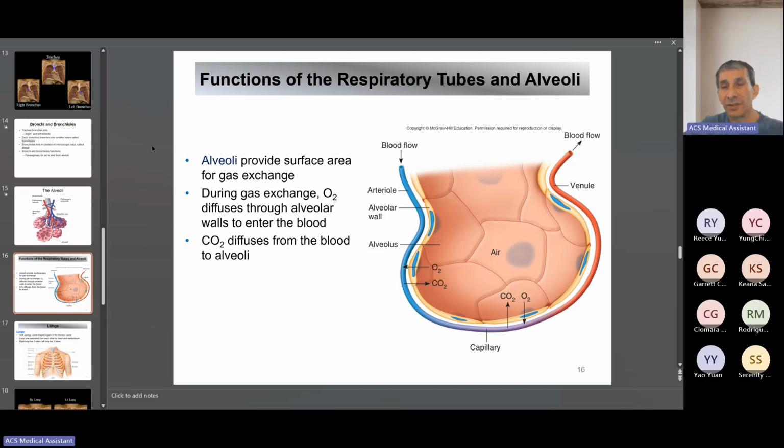Any questions? I hope that I made it simple for you guys to understand. You don't need to know these for exams, but I do want you to understand how these gases exchange inside our lungs.